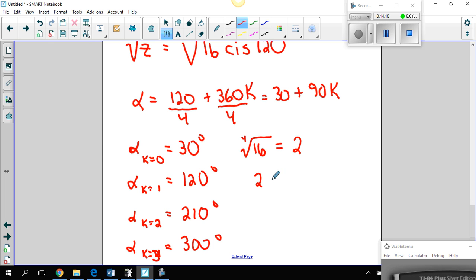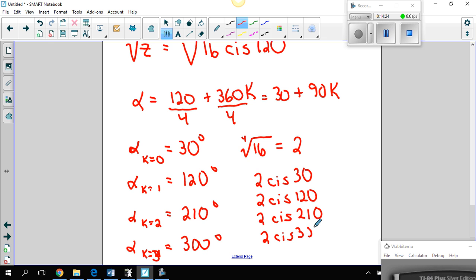So it's 2 CIS 30, 2 CIS 120, 2 CIS 210, and 2 CIS 300. Boom. Those are ugly. That's the fourth root of a complex number, and there's 4 answers.